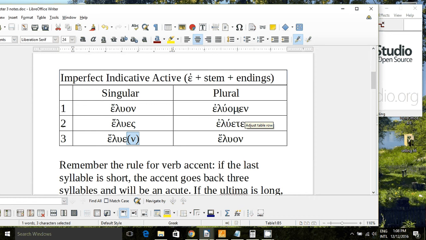If we didn't know where the accent was, we're trying to figure out where the accent goes, I'm going to turn my keyboard over to Greek. And then we would see, okay, this is short here in this form, omen. That's a short omicron. So then I'm going to count back: 1, 2, 3. That's where our accent needs to go.